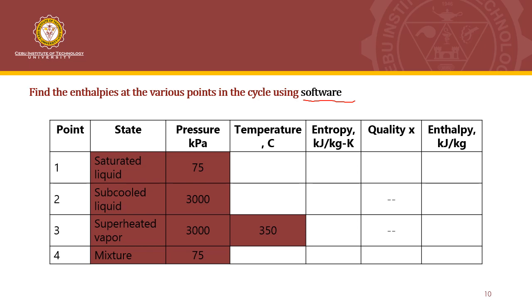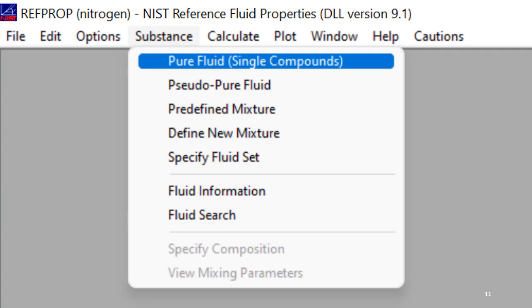So if you're going to open the software, you can find here that the default setting is nitrogen, and this is how the interface of that software looks like. So what you're going to do is to go to open it, just click OK until you can get at this point.